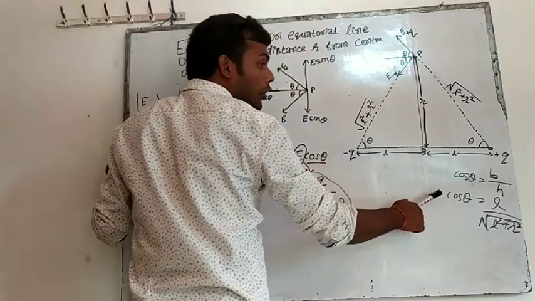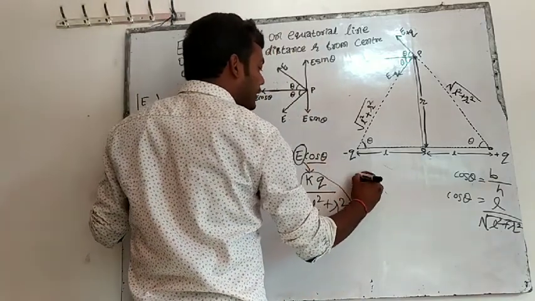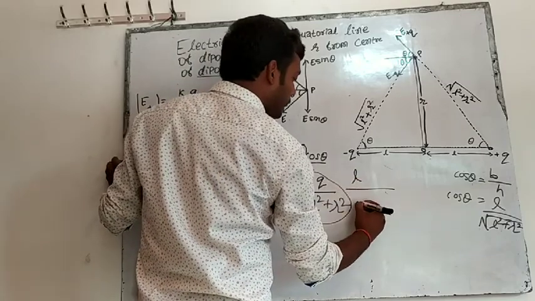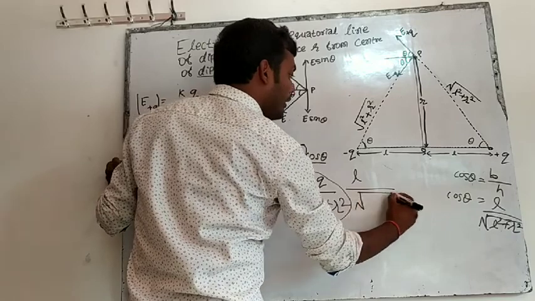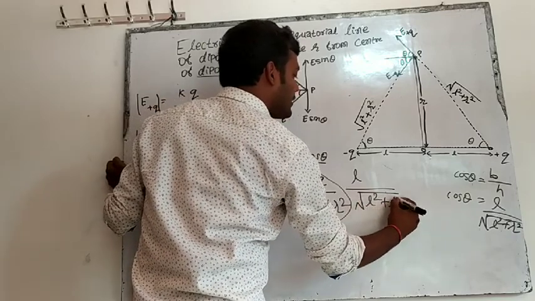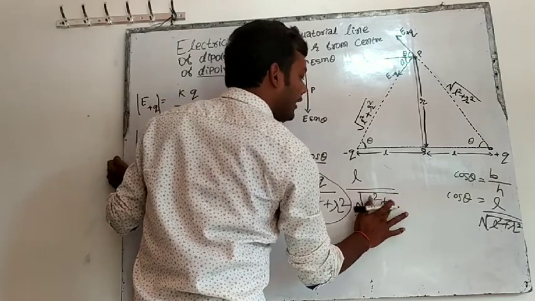So in place of cos theta, can we write that cos theta is L by the square root of L square plus R square?